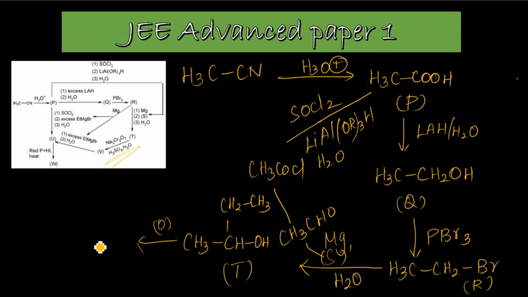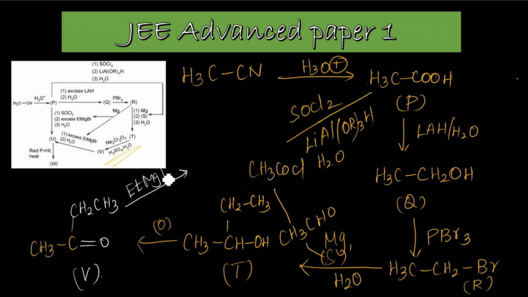That is giving us V. So oxidation will produce CH3COCH2CH3. That is our V. Cool. So V is undergoing reaction with excess ethyl magnesium bromide to produce U.